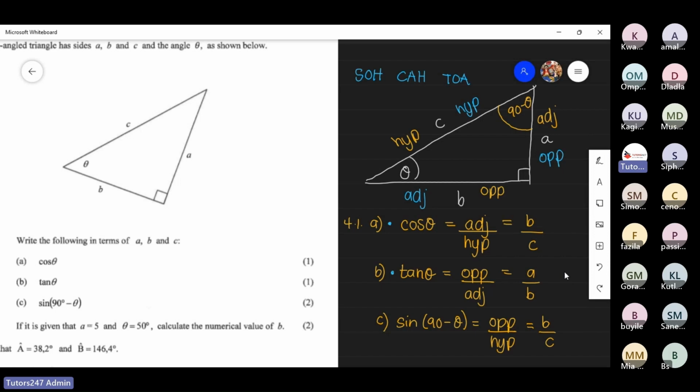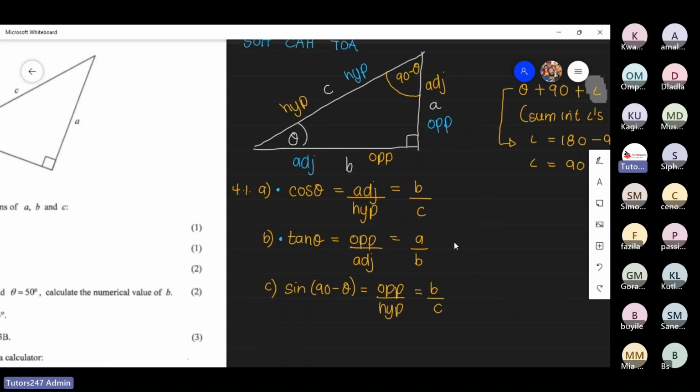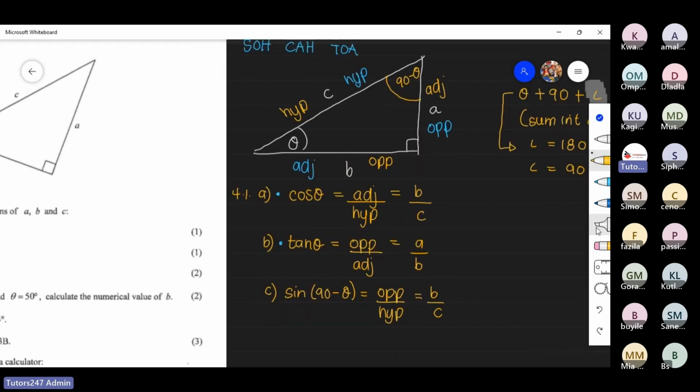Something interesting to take note of. I don't think you've learned this as yet in grade 10. You will in grade 11 or 12. If you notice, your cos theta was equal to B over C, and sine of 90 minus theta is equal to B over C as well. Why is that? The reason is that they are co-ratios, or some people like to call them co-functions.